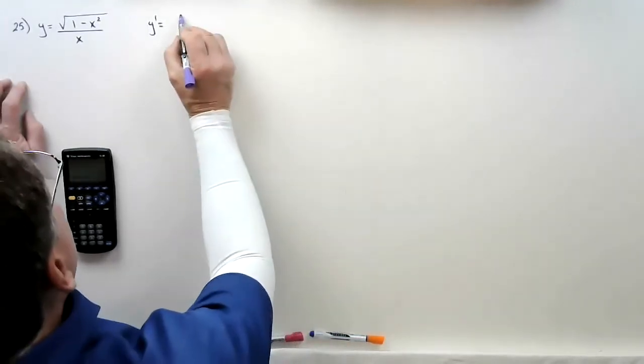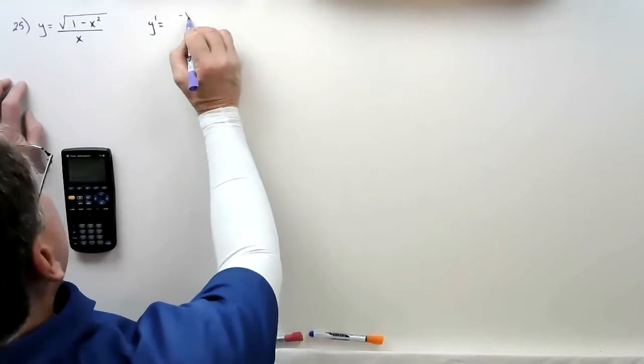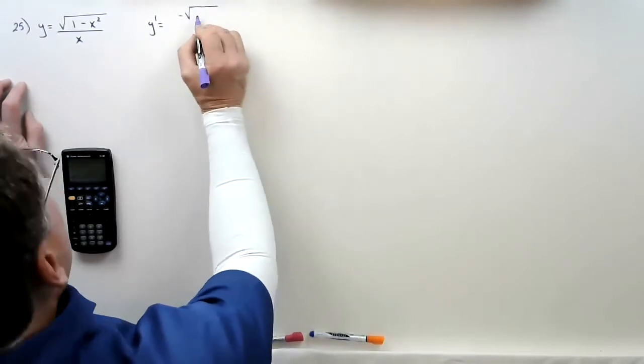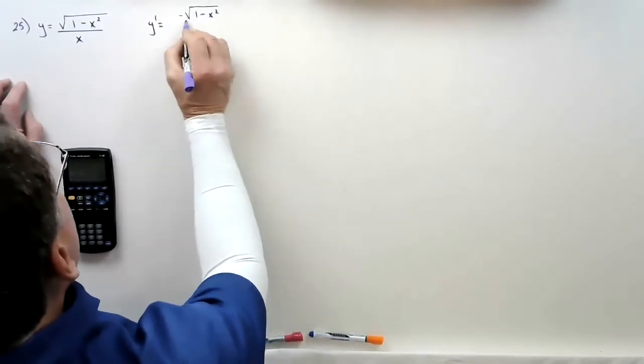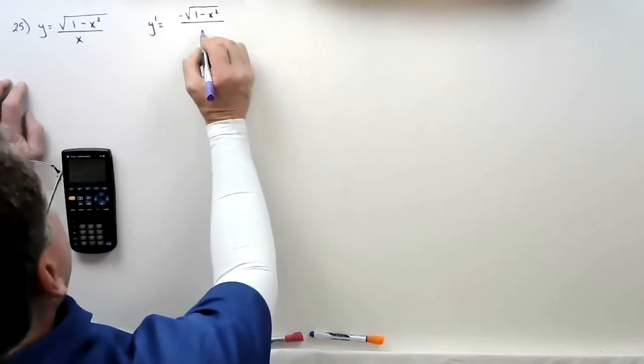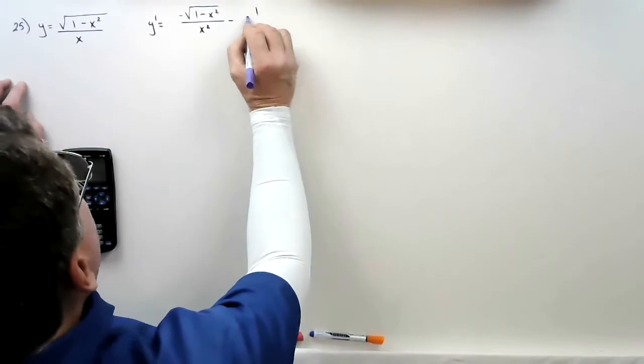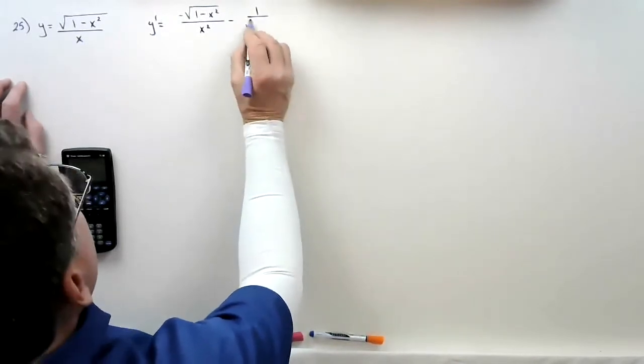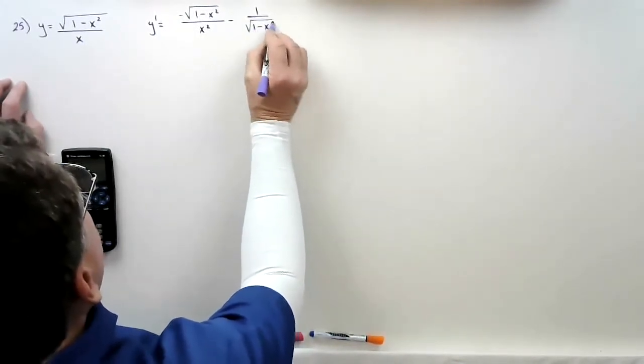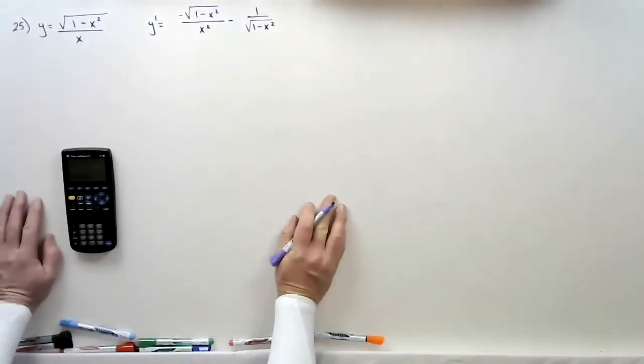I get minus the square root of 1 minus x squared, all divided by x squared, minus 1 divided by the square root of 1 minus x squared. Now that's what the TI-89 told me.